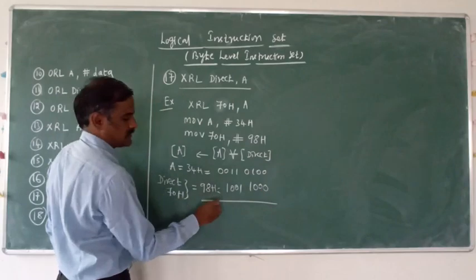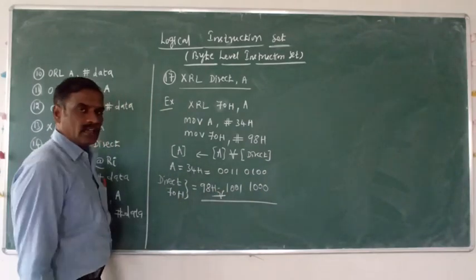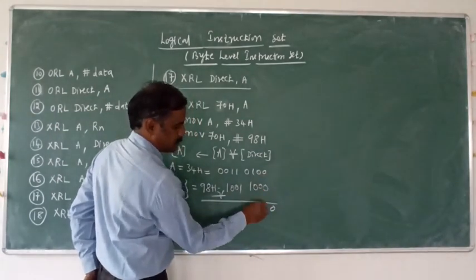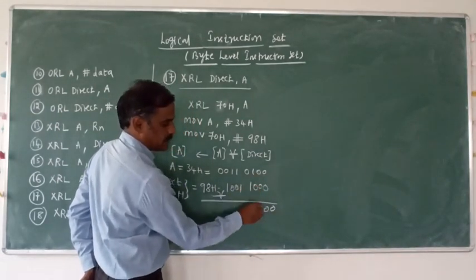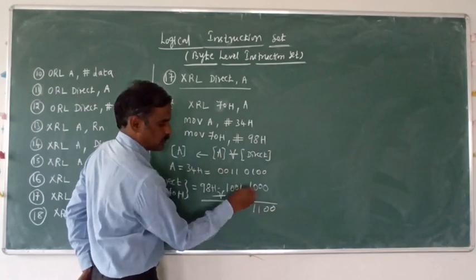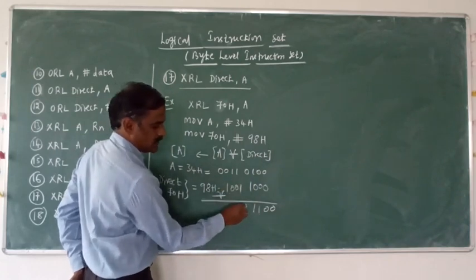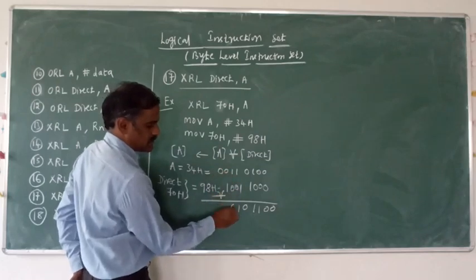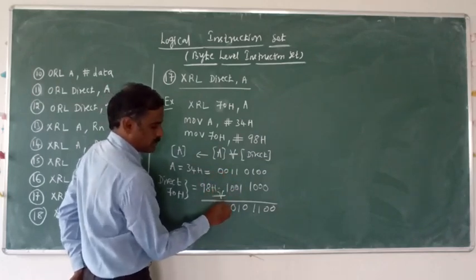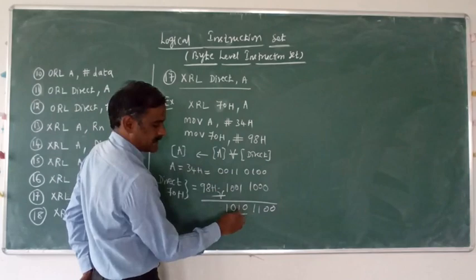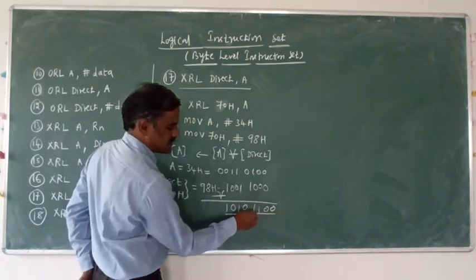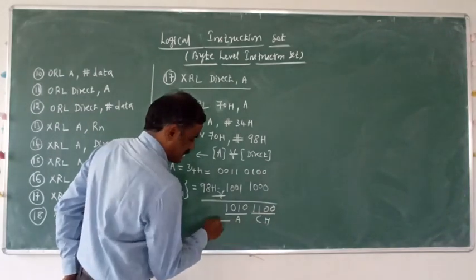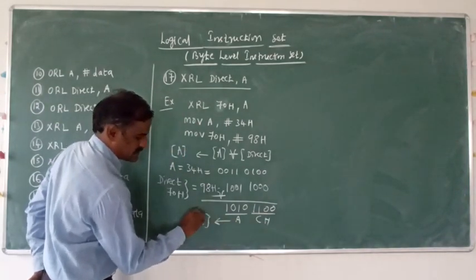This is the symbol of logical exclusive OR. Same input, output 0; different input, output 1. Here the same input gives output 0, different input gives output 1. This is for 10, and 10 means A in hexadecimal, and this is for 12, and 12 means C. AC data moves to the A register.